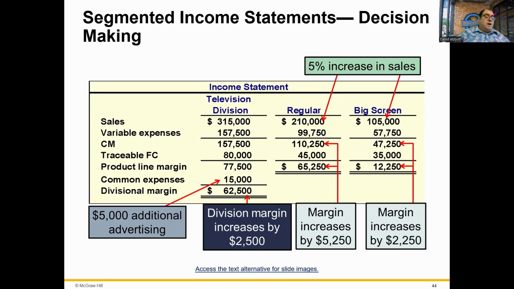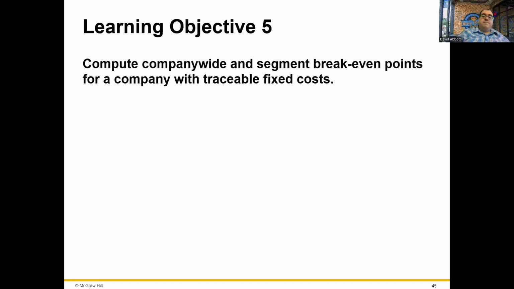The regular product line contribution margin would increase by $5,250. The big screen product line contribution margin would increase by $2,250, and the television division's segment margin would increase by $2,500. Computing company-wide and segment break-even points for a company with traceable fixed costs.